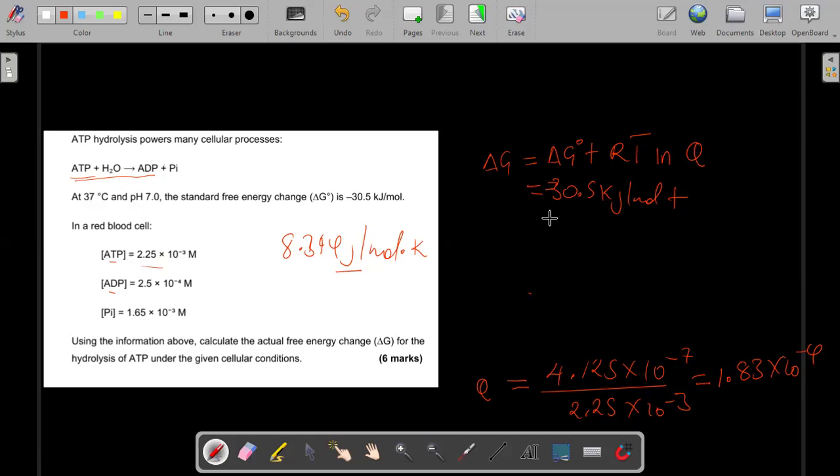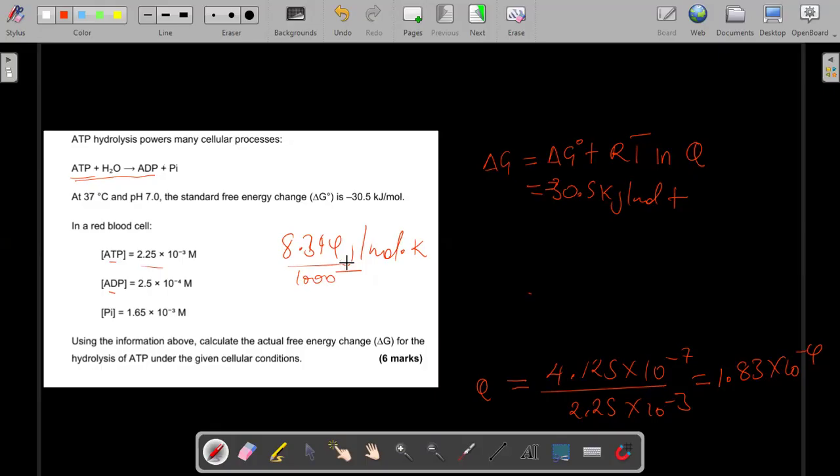When you are working in such questions, make sure that the units are all the same. In this case, we would want to convert these joules to kilojoules, or we can convert these kilojoules to joules. Either way, as long as you have uniform units. So I'm going to convert these joules to kilojoules by dividing with 1,000. I know that 1 kilojoule is 1,000 joules, isn't it?